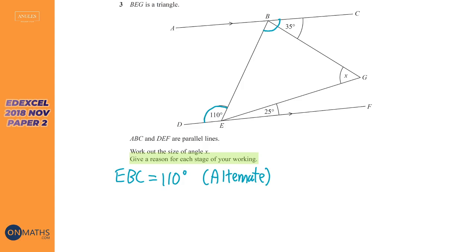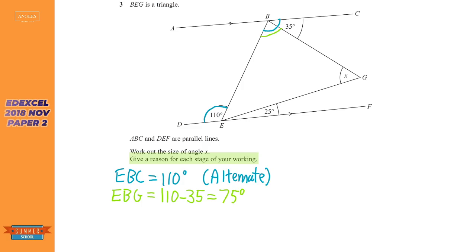So therefore, to work out what this angle here is, which is EBG, we're going to take 35 away from 110. 110 take away 35, which is 75 degrees.